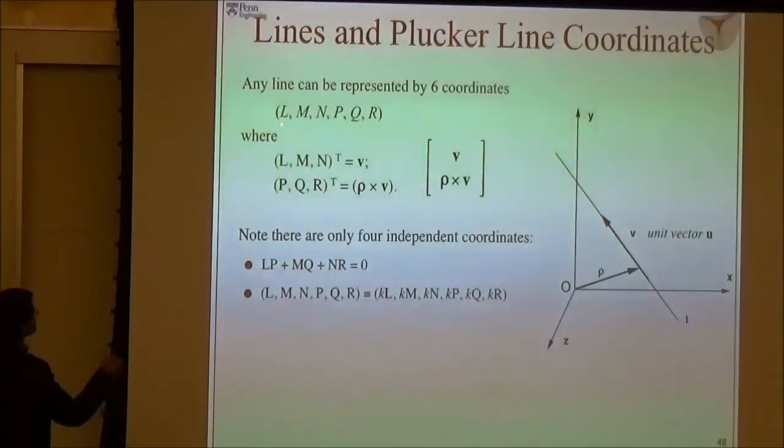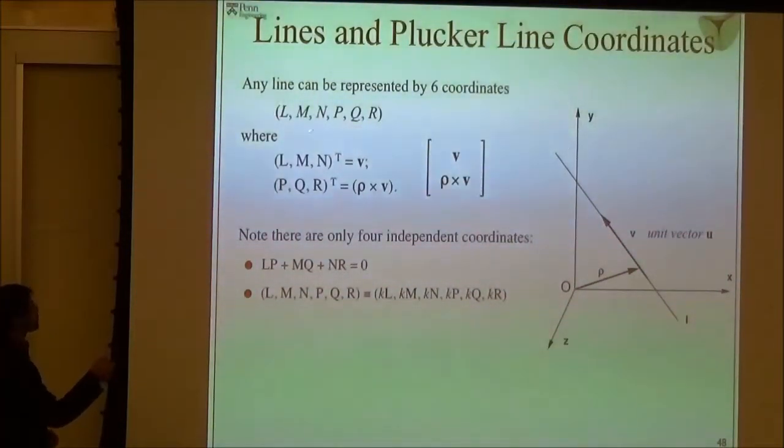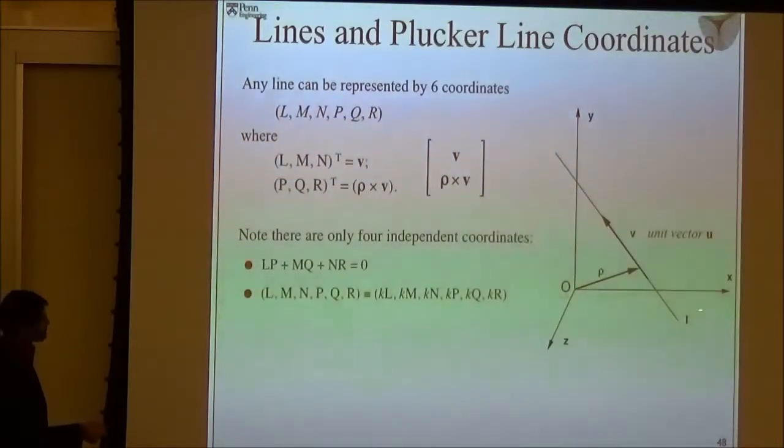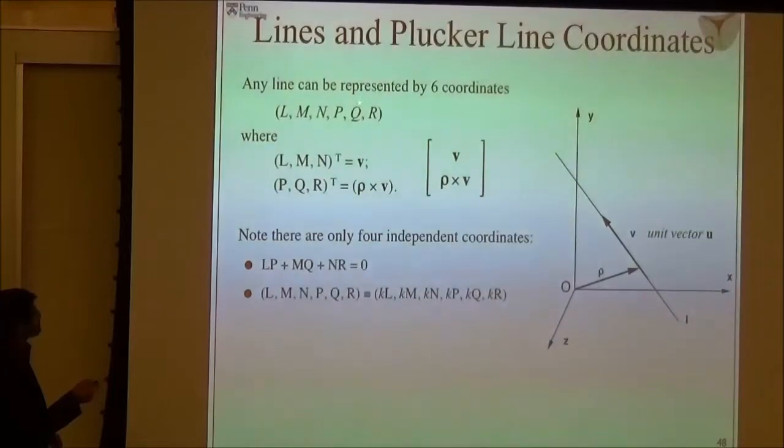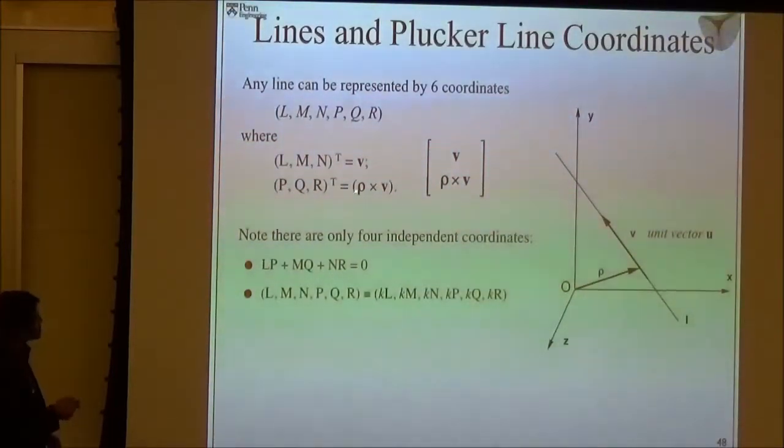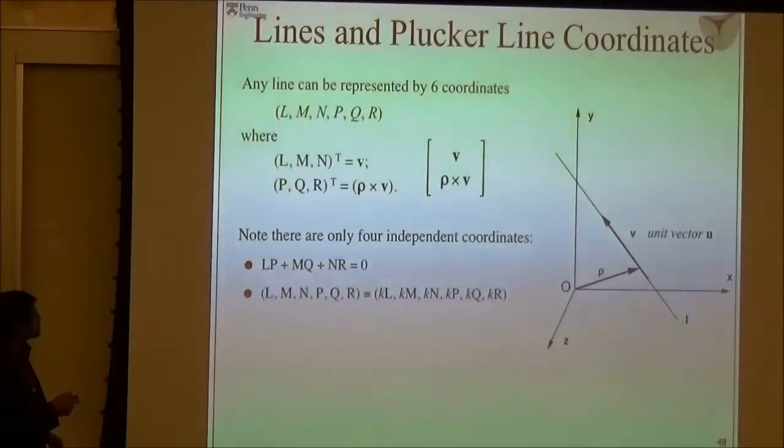So if you take the first 3 coordinates to represent a vector along the line, and the next 3 coordinates to represent the moment of that vector about the origin, so this is rho cross v, then it's trivial to see that this and this dot product will give you 0.